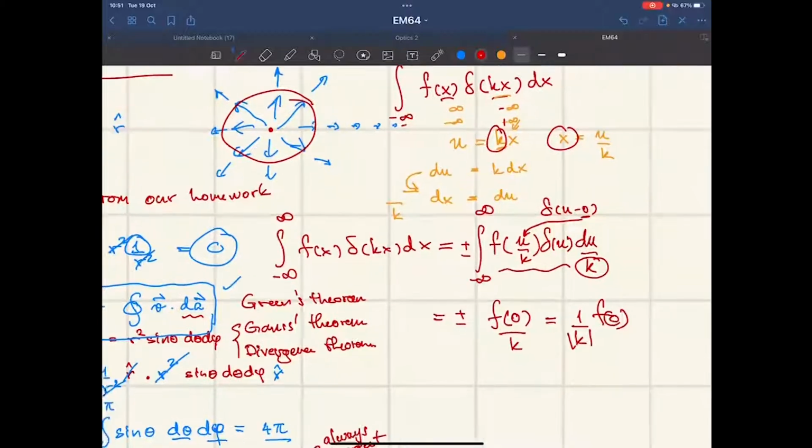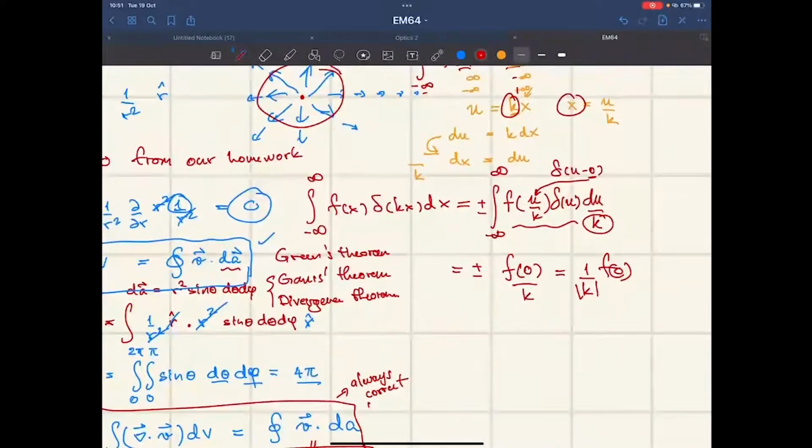Okay, so let's check this. This lower sign here, the plus and minus here, this function, okay, use the minus sign when k is negative, and plus when it's otherwise, okay.